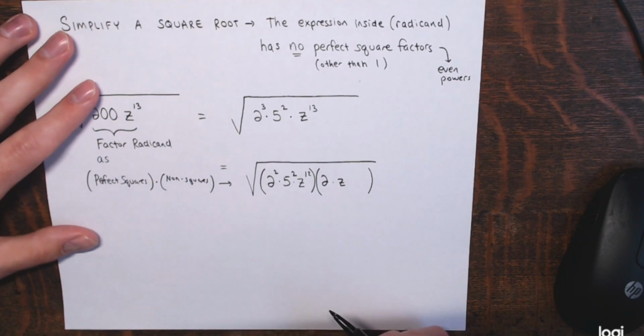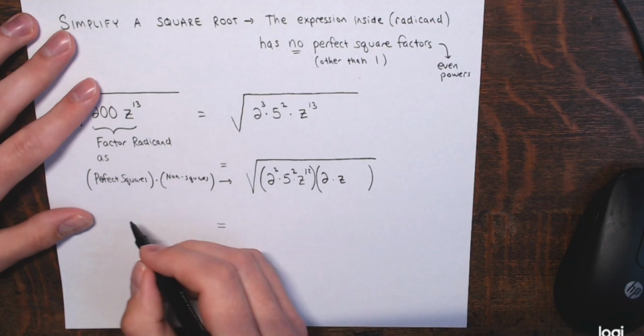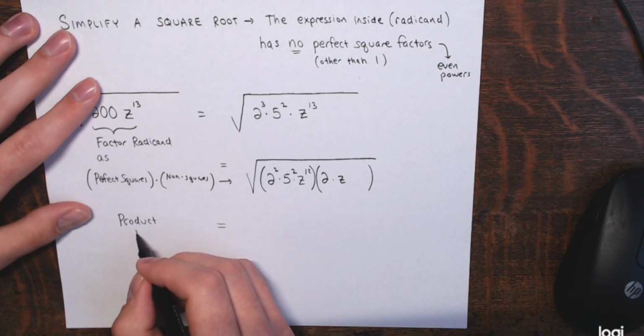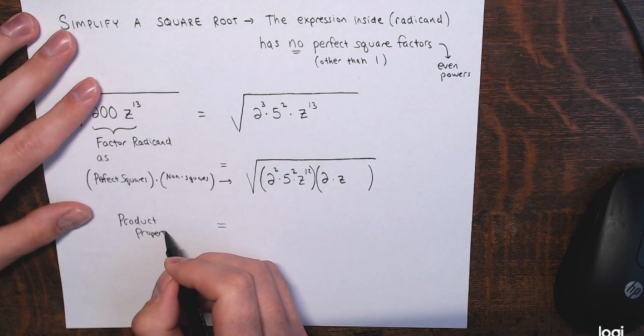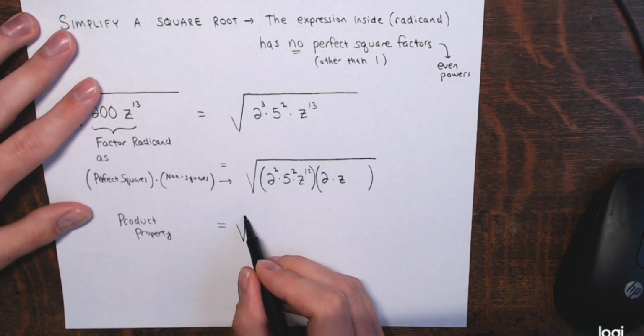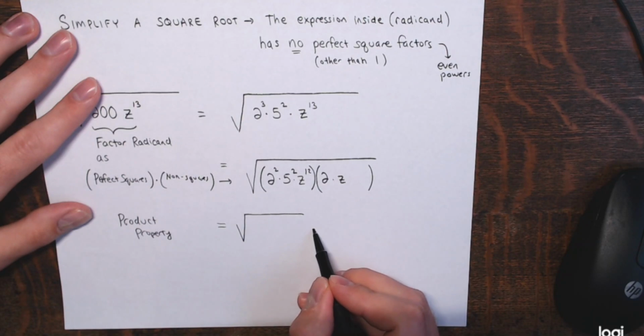And then I apply the product property. And what I'm going to do is write this as squares, right? This is the square root times another square root.